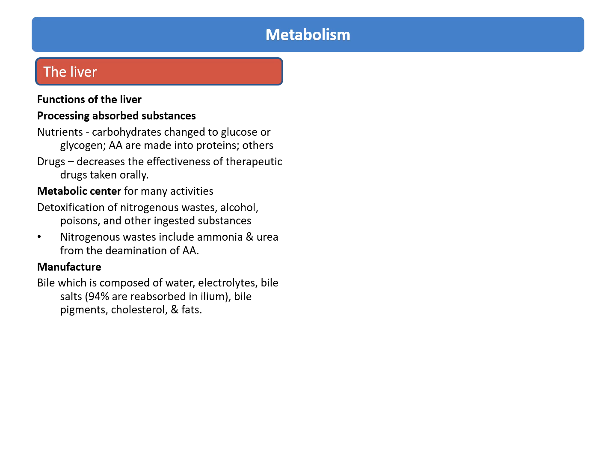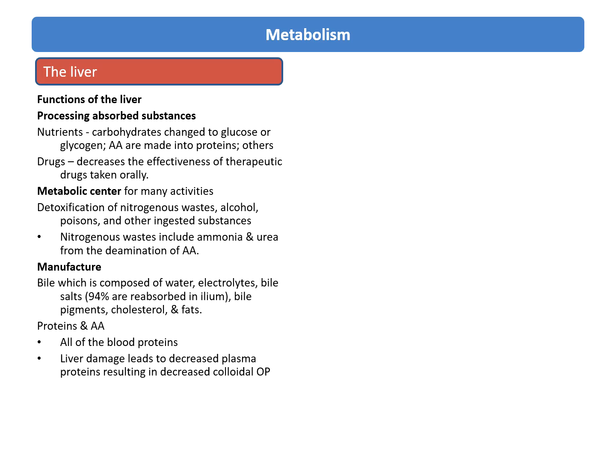The liver is a manufacturing center. Bile, for example, is made by the liver. Bile is composed of water, electrolytes, bile salts, and bile pigments, as well as cholesterol and fats. So it's a fairly complex solution. Proteins and amino acids are manufactured by the liver. All of the blood proteins are produced there.